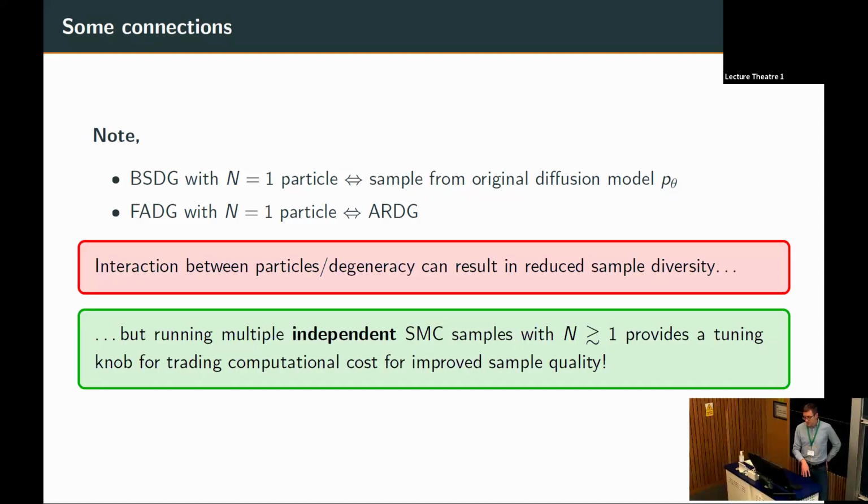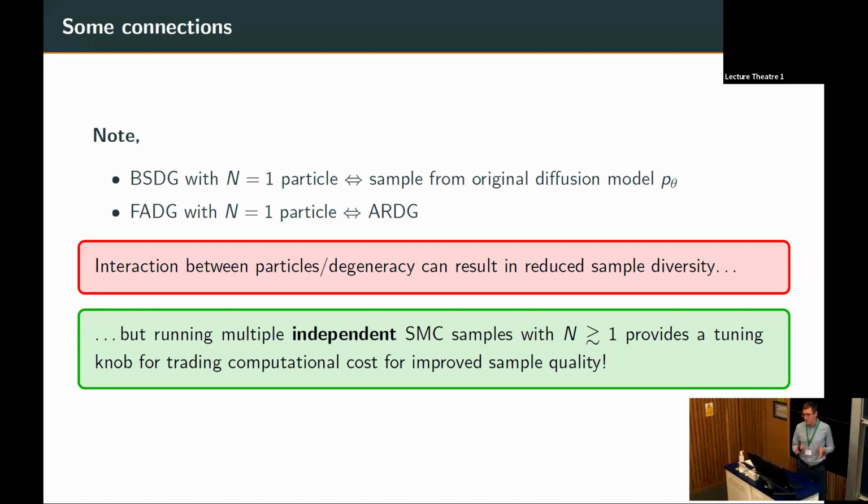And this also means that when we apply this, we typically do not run a particle filter as you might for solving a filtering problem, but rather we run multiple SMC algorithms with quite a few particles. The reason for this is that when we work with generative modeling, we're typically interested in getting a large diversity of samples out of the generative model.